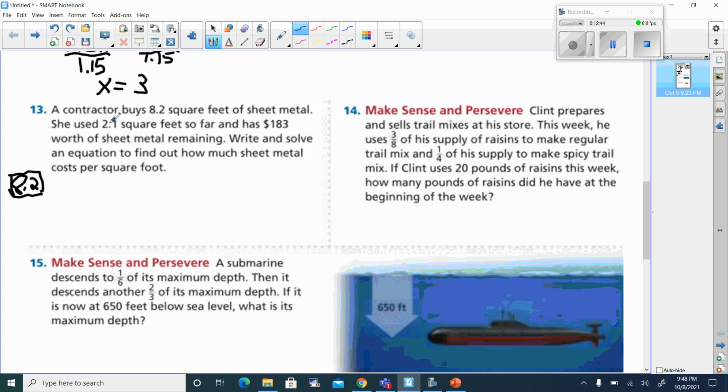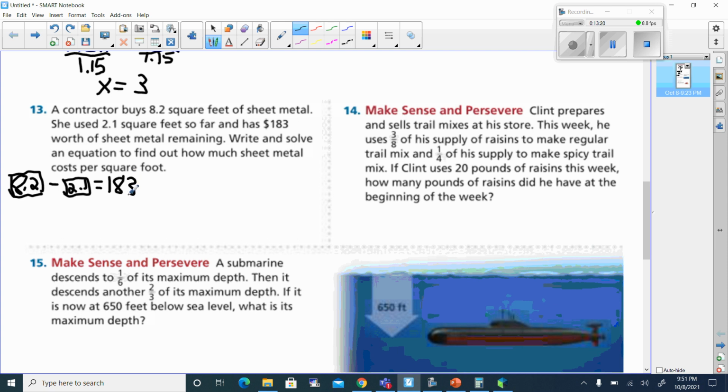We know that we're subtracting 2.1 from that, and then we know that's going to have to equal 183. The question is, what's the best way to write the equation? Since we're subtracting 2.1 square feet, it's going to be a smaller square feet, of course. We know that's going to equal the money's worth we have so far, which is 183.